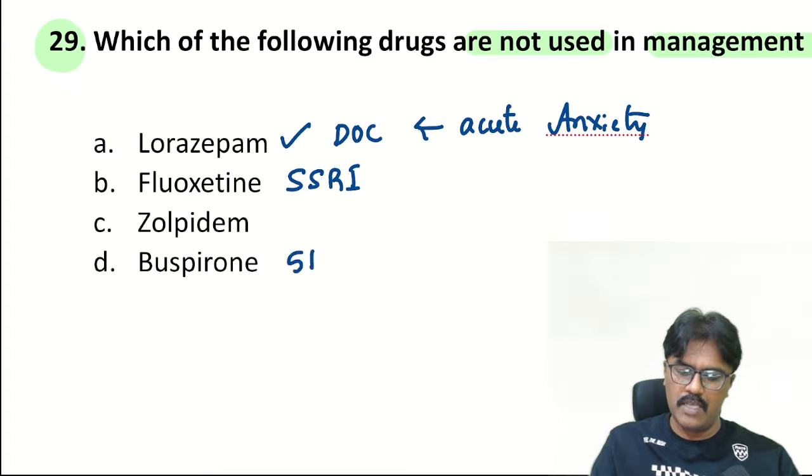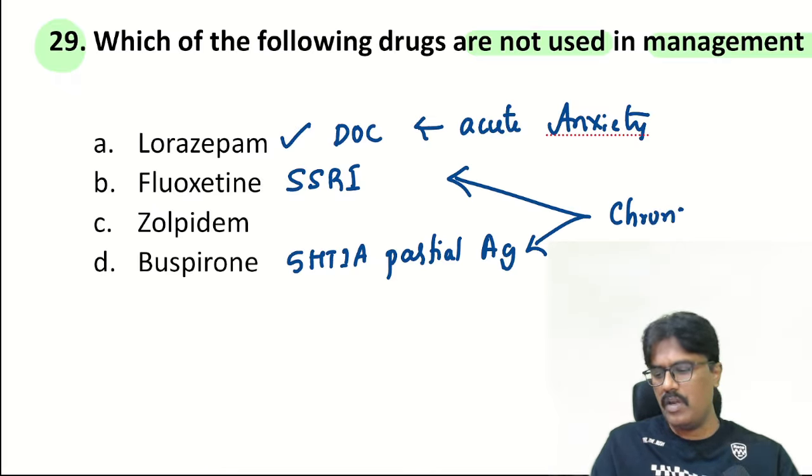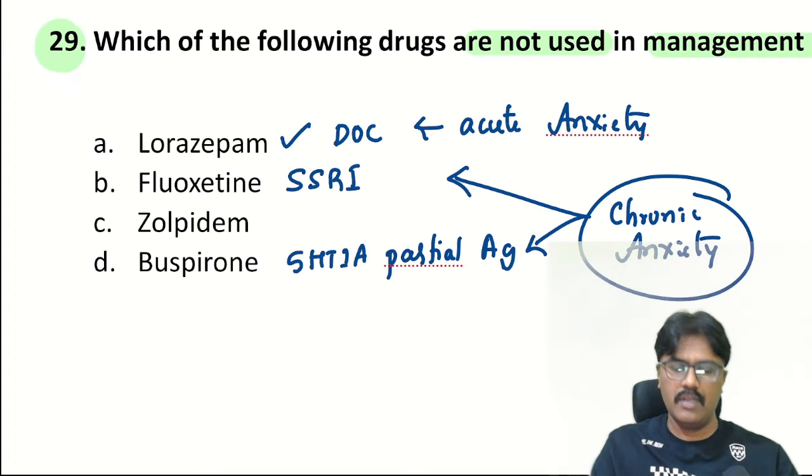Buspirone is a 5-HT1A partial agonist. These two drugs, option B and option D, are used for chronic anxiety. For chronic anxiety or generalized anxiety disorder, the drugs of choice are SSRIs like fluoxetine.